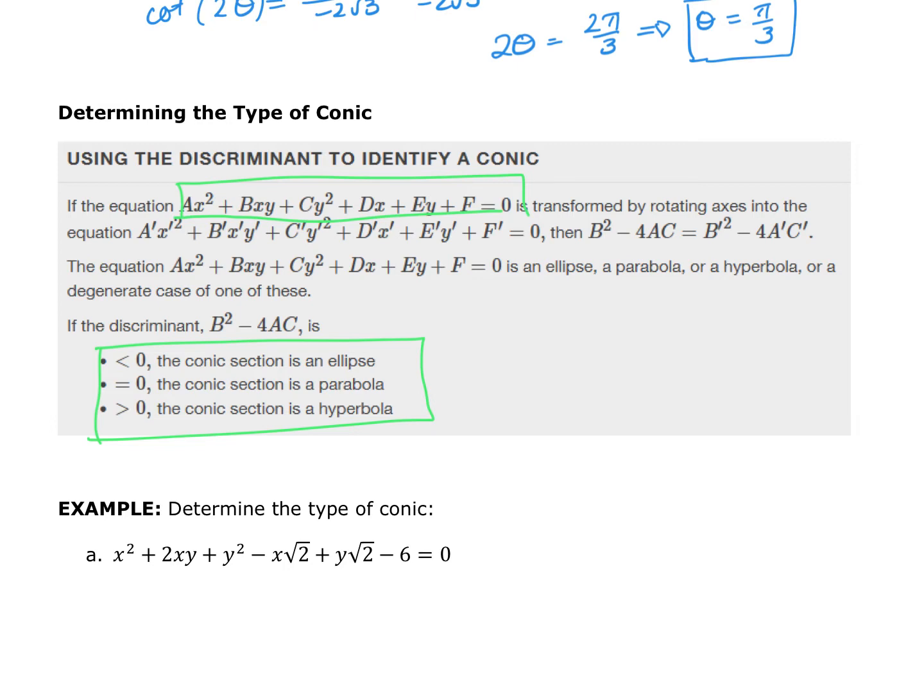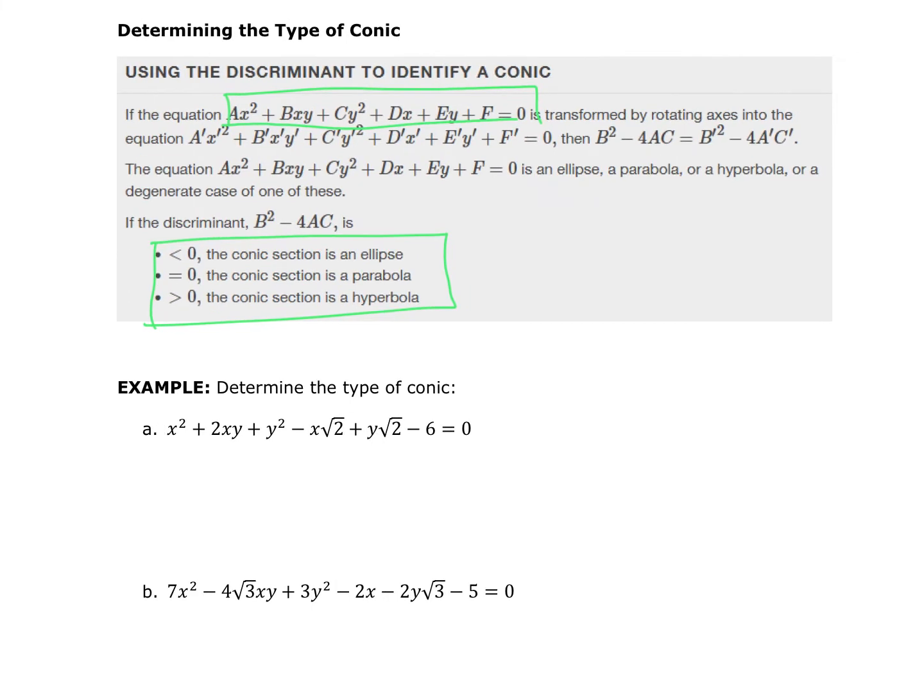So if any part of these hold true, then we still use what we call the discriminant. We look at the coefficient on the B, which is the xy term, and compute B squared minus 4AC. Even if the B term is 0, this still holds true. I promise you this. So if I'm asked to determine the type of conic, I'm going to say A is 1, B is 2, C is 1.